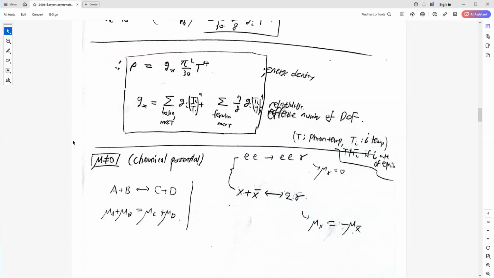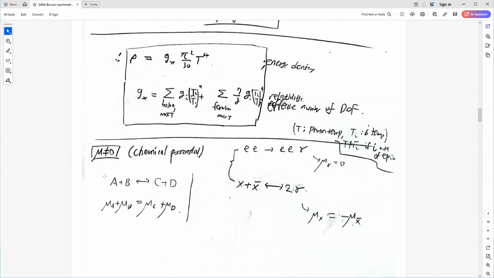Now the final case. Now I will talk about the non-zero chemical potential case. For the chemical potentials, consider the reaction formula A plus B goes to C plus D, and there is the inverse process. The chemical potentials should satisfy these formulas for the original particle species and the final state.